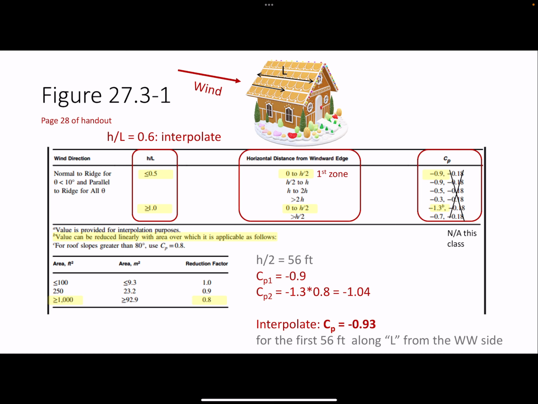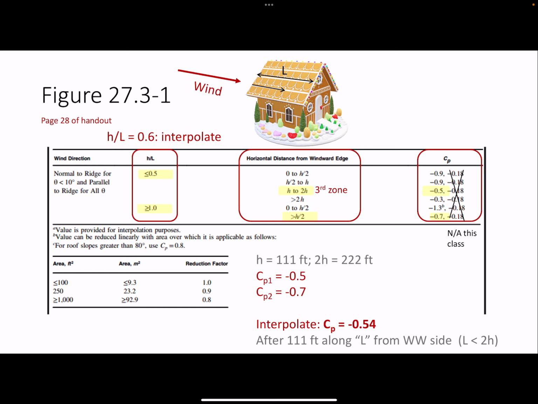So we have to interpolate between negative 0.9 and negative 1.3, which can be reduced to 1.04, right? So we interpolate between those two, get negative 0.93. The second zone, interpolate between negative 0.9 and negative 0.7. So we get negative 0.86. And the third zone, we interpolate between negative 0.5 and negative 0.7. So we get negative 0.54.